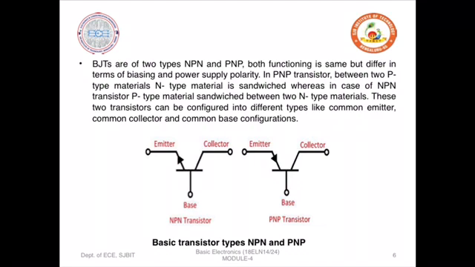Bipolar junction transistors are of 2 types, NPN and PNP. The functioning of both transistors is the same, but they differ in terms of biasing as well as power supply polarity. In a PNP transistor, n-type material is sandwiched between two p-type materials, whereas in an NPN transistor, p-type material is sandwiched between two n-type materials.